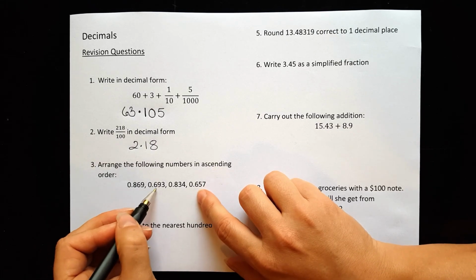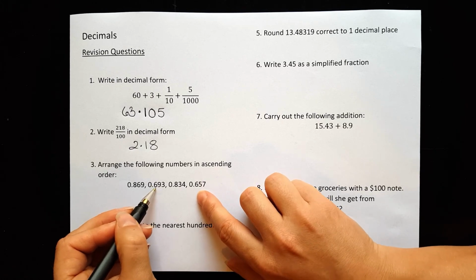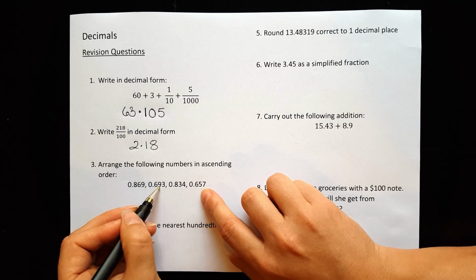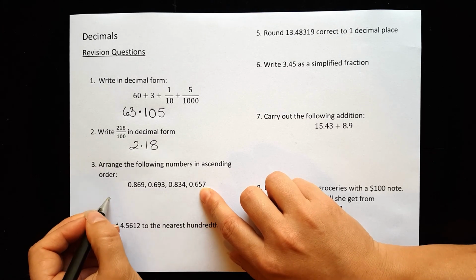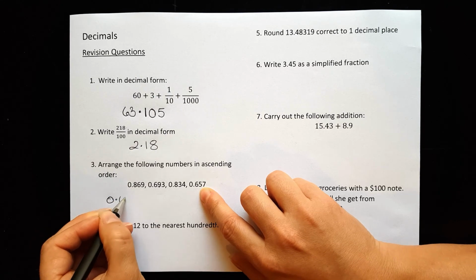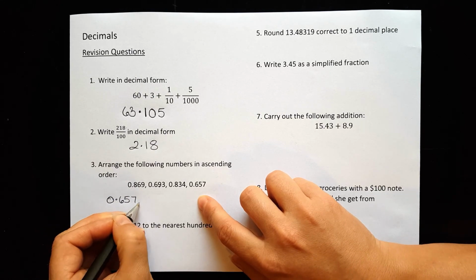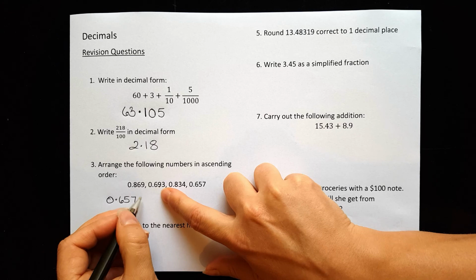So these two with the 6s must be smaller. To see which out of the two of them is the smallest, we need to look into the hundredths position. This one has a 9, this one has a 5. 5 is smaller, so that means this number is the smallest one, 0.657.